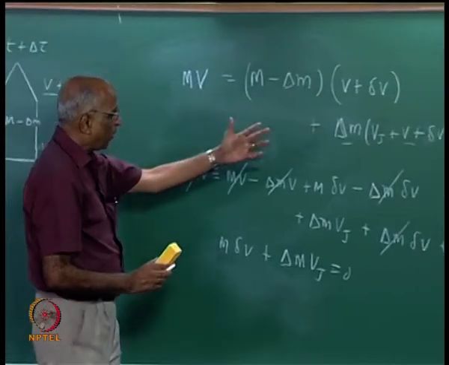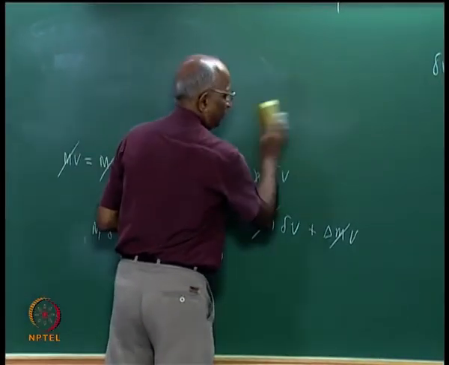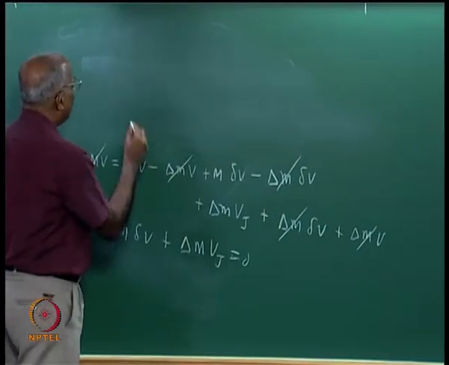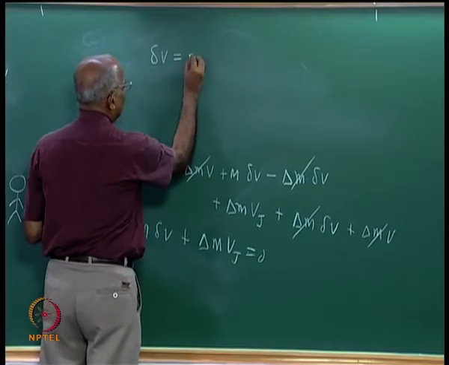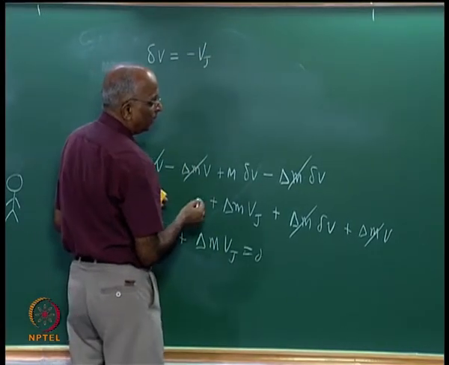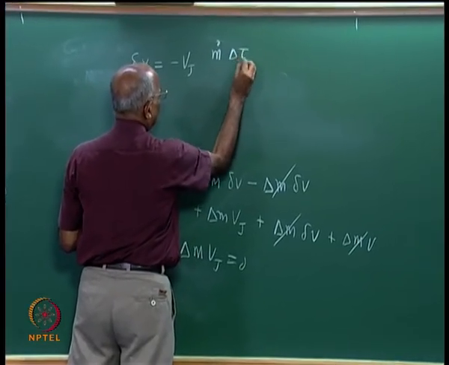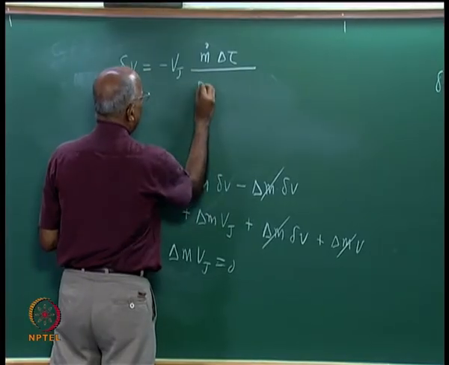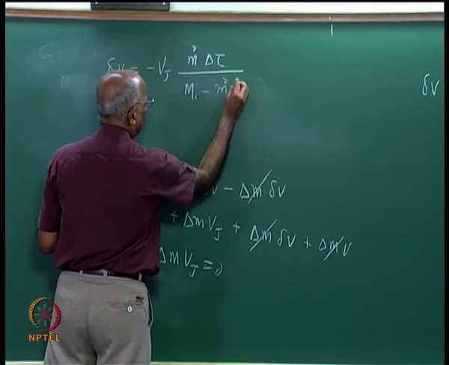and therefore now I can erase this part, and now I can write the value of delta V is equal to minus Vj into delta m, which is m dot into delta tau, divided by mi minus m dot into t.